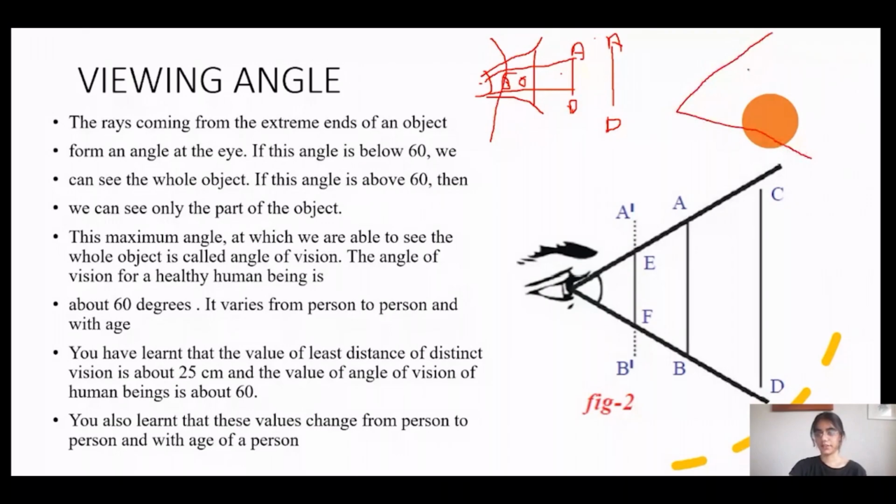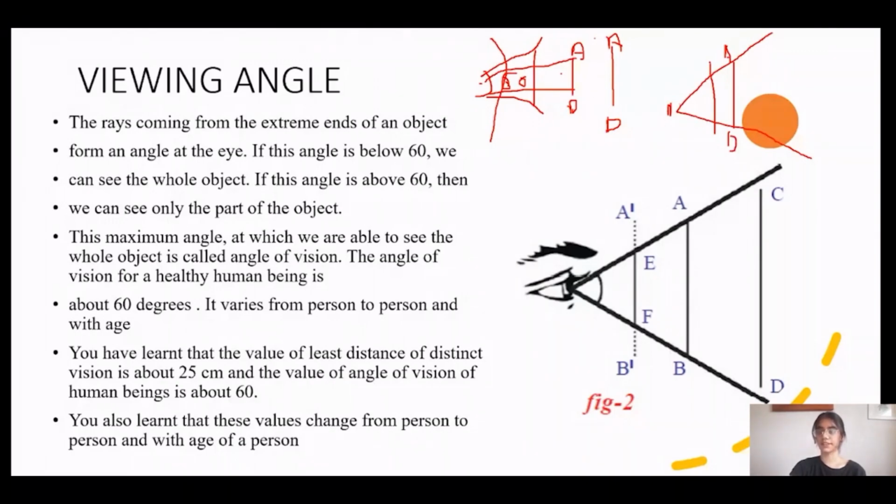To make it clearer, AD was first here, but now the same object is brought here. This is your eye here. This same object AD was first at a certain distance forming an angle of 60 degrees.